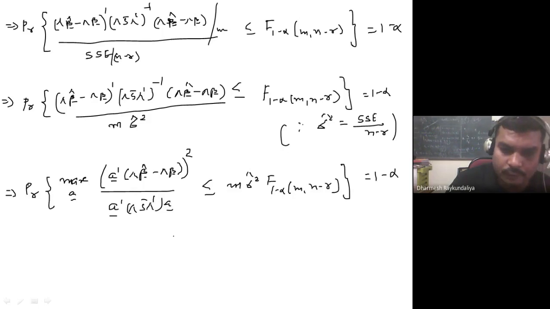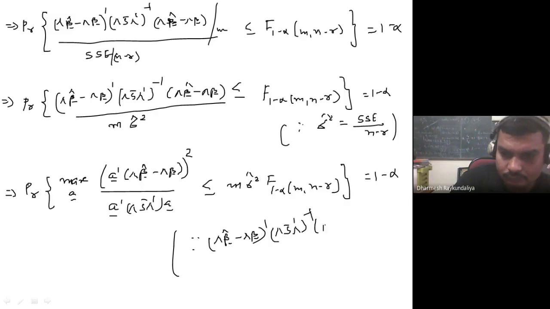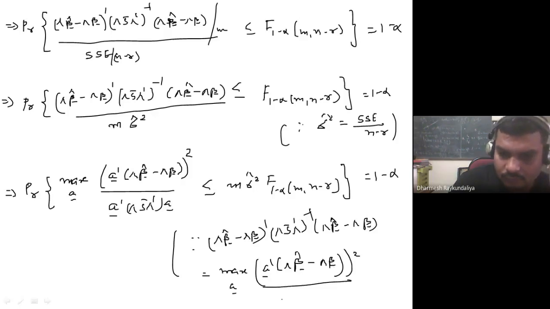Any questions up to this? Because we write this as a maximum over A of A dash lambda beta cap minus lambda beta, whole square, upon A dash lambda S bar lambda dash.